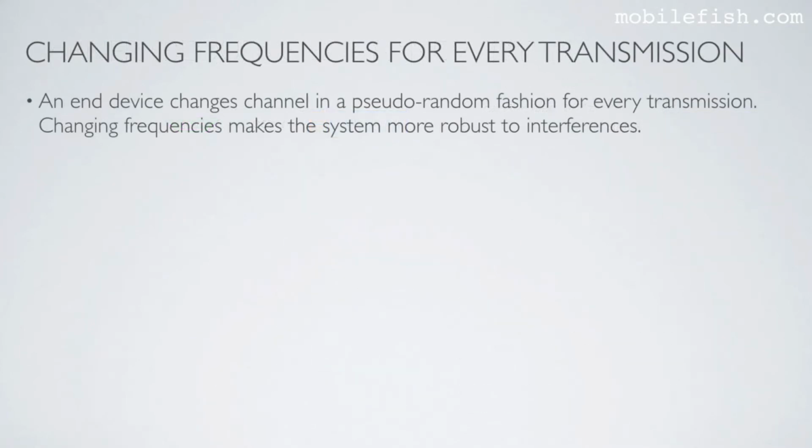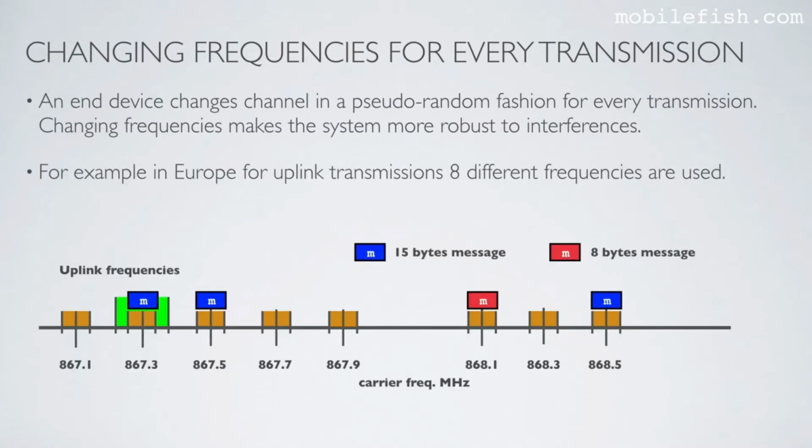An end device changes channel in a pseudo-random fashion for every transmission. Changing frequencies makes the system more robust to interference. For example, in Europe, for uplink transmissions, 8 different frequencies are used, as explained earlier. Let's assume this blue color block represents a 15 bytes message, and this red color block represents an 8 bytes message.